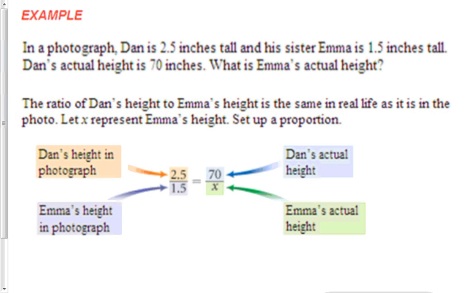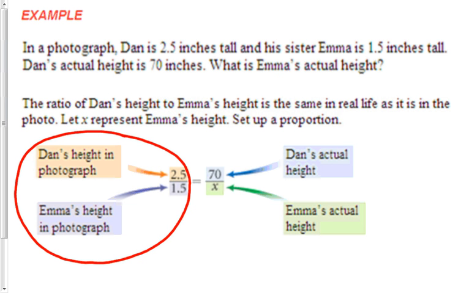Set up a proportion. So here's what we see. We have a proportion here, right? Two fractions set equal to one another. On the left side of the proportion, we have the fraction that is made up of Dan's height in the photograph over his sister Emma's height in the photograph.